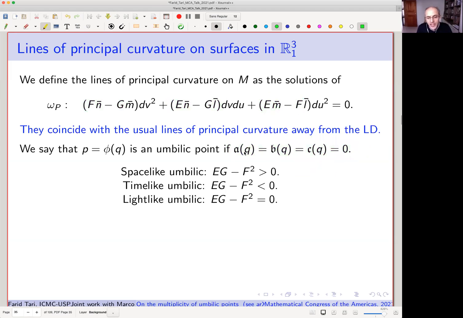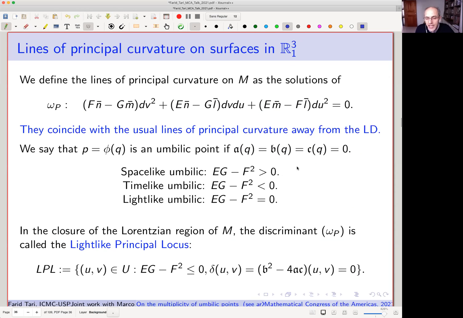In particular, as I say, we have the LD here. On the Riemannian part, we say the umbilic is space-like. On the Lorentzian part, we say the umbilic is time-like. And if the umbilic happens on the LD, then we say that it is a light-like umbilic point.